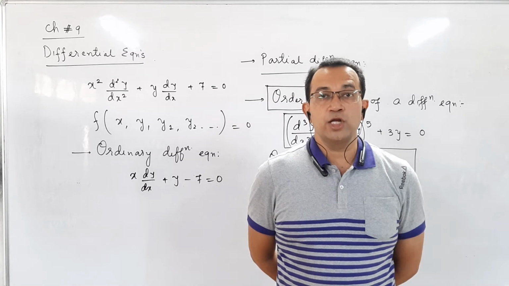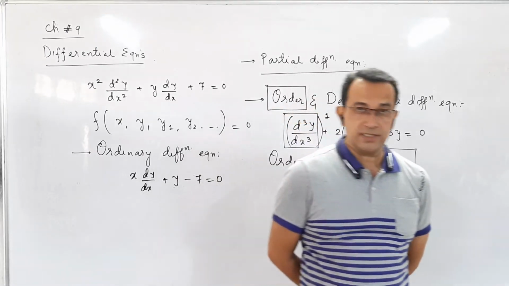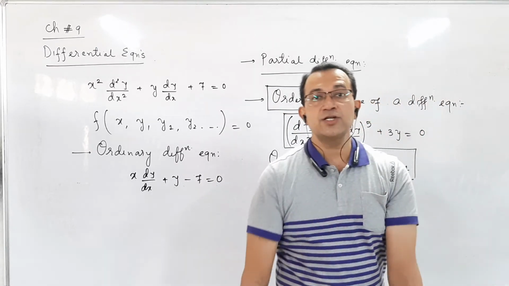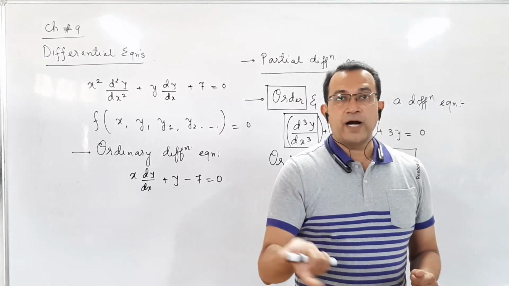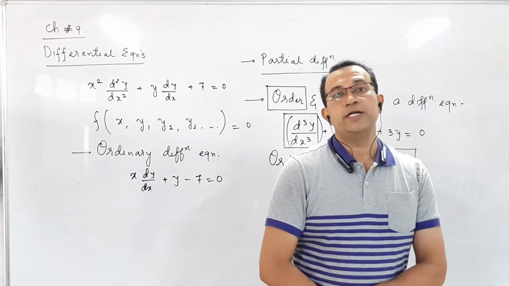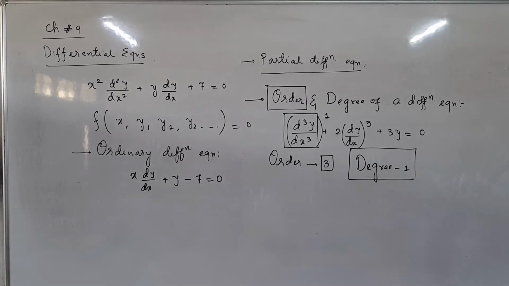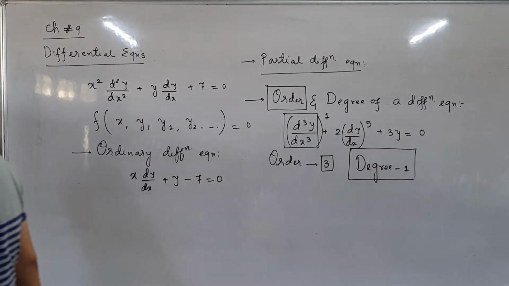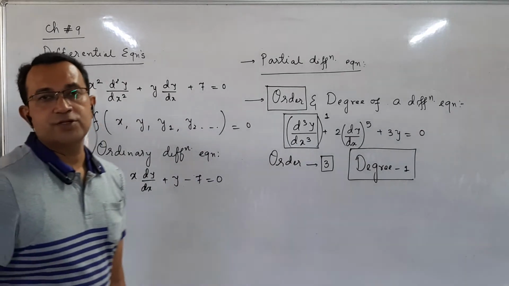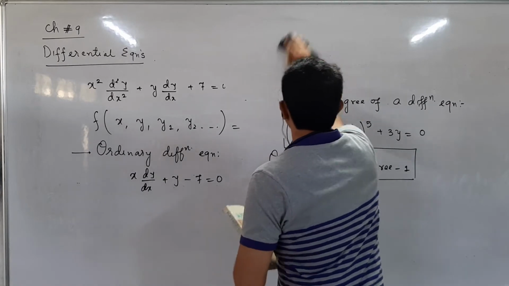Whenever I refer to the word polynomial, power of derivative terms cannot be a fraction, it should be a positive integer. So after writing a differential equation in a polynomial form of derivatives, the power of the highest order derivative is called the degree of the differential equation. As per our example, the degree is 1 and order is 3. So for mentioning degree, a differential equation must be written in a polynomial form of derivatives. Students, this we have to remember very carefully.